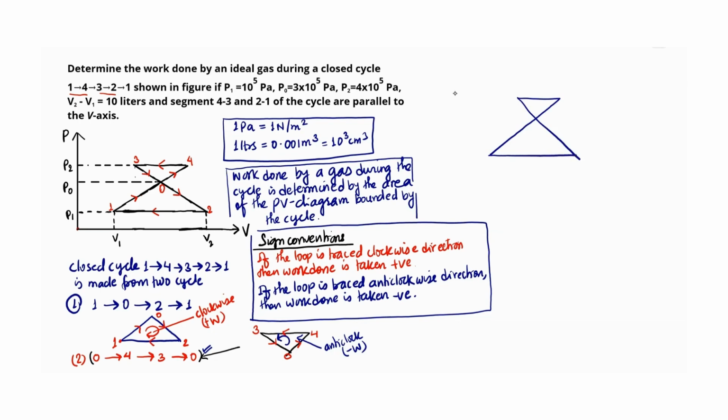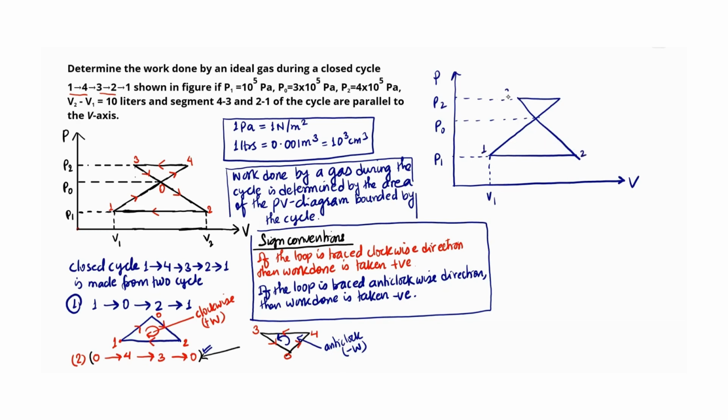So we have this. This is labeled as 1. This is 2.